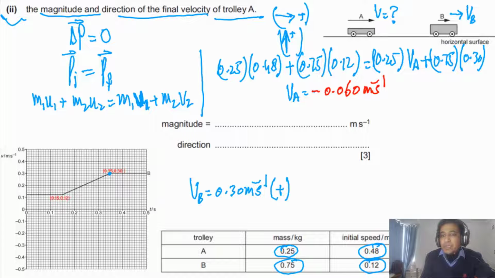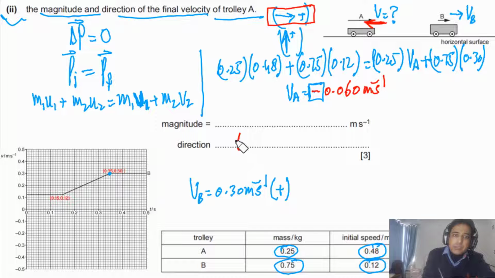And here we have this negative sign. So what is the significance of this negative sign? This negative sign simply tells us that the direction of trolley A after collision is opposite to our sign convention. So it means trolley A after collision is moving to the left. So you can also find the direction from here.